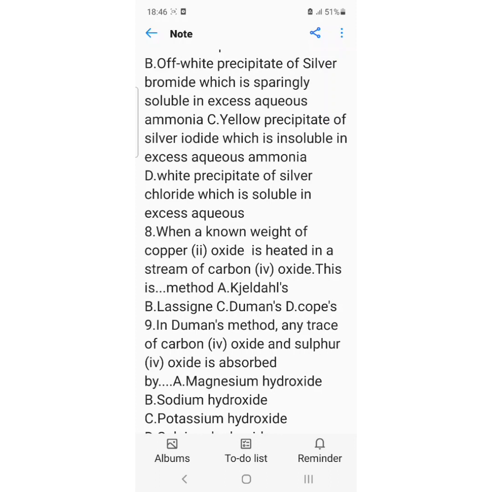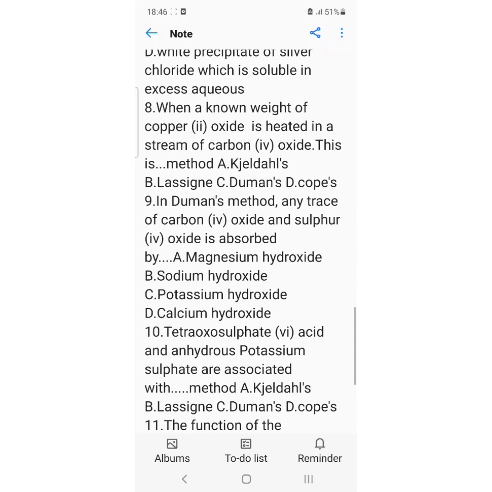Is it Gelder's method, Lassen method, Dumas method, or Kjeldahl's method? Please, copper(II) oxide and carbon(IV) oxide are associated with the Dumas method. So please, the answer is C.